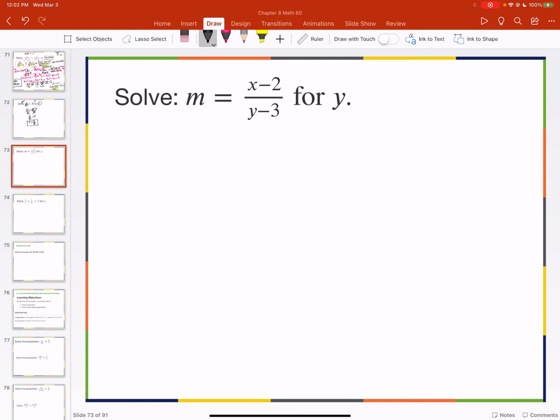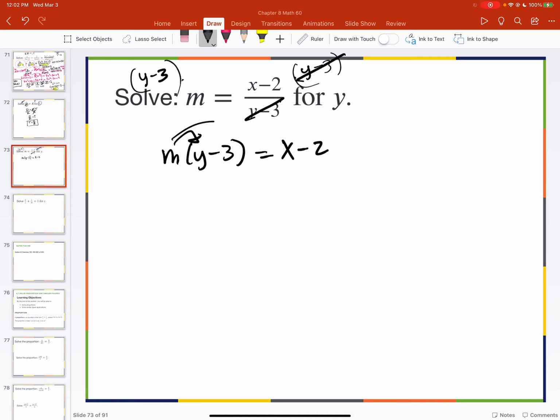So now let's see here. We have m equals (x minus 2) over (y minus 3), solving for y. So you would multiply both sides by y minus 3 to get the y out of the denominator. On the left you have m times (y minus 3) is equal to, and these will cancel out, x minus 2. Distributing the m, we get my minus 3m is equal to x minus 2.